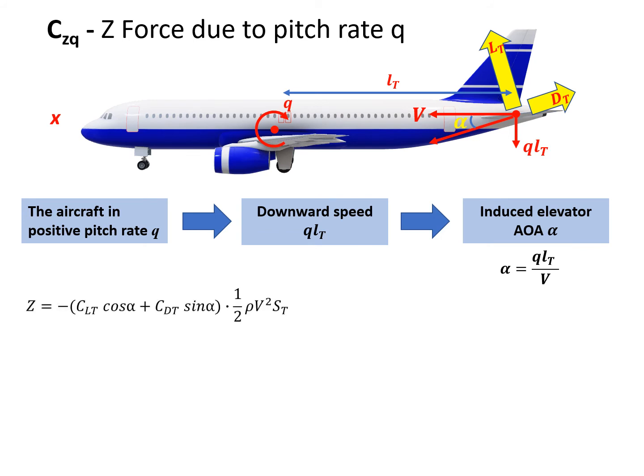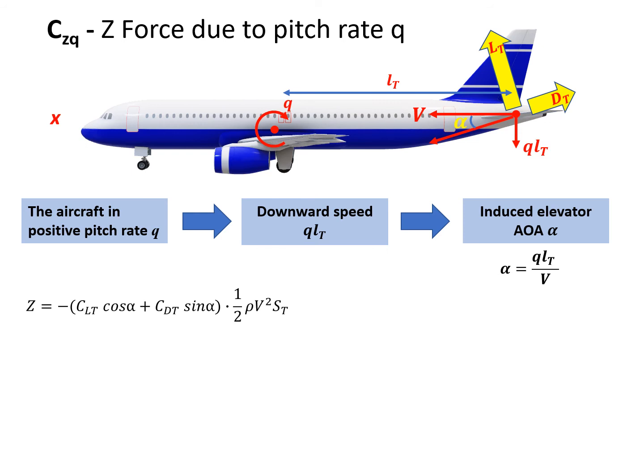Then in total, the Z force is minus, remember, the positive Z always points towards the ground. So the vertical component of lift and drag on the elevator is negative in sign. We have CLT times cosine alpha plus CDT times sine alpha, their projection to the vertical axis, times half rho V squared times ST, where ST is the area of the elevator.